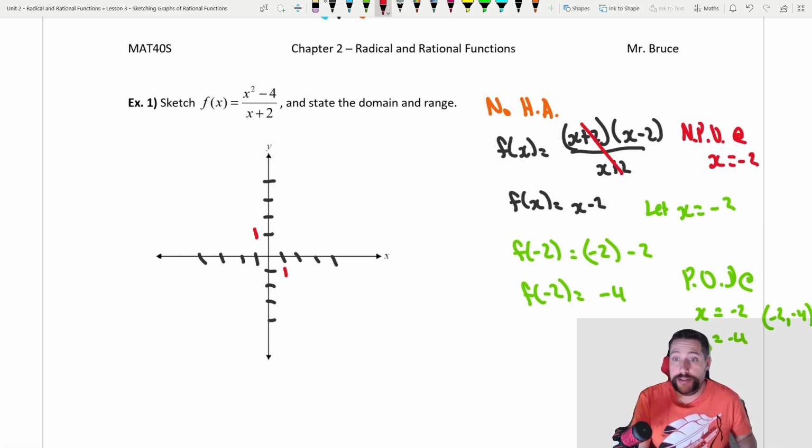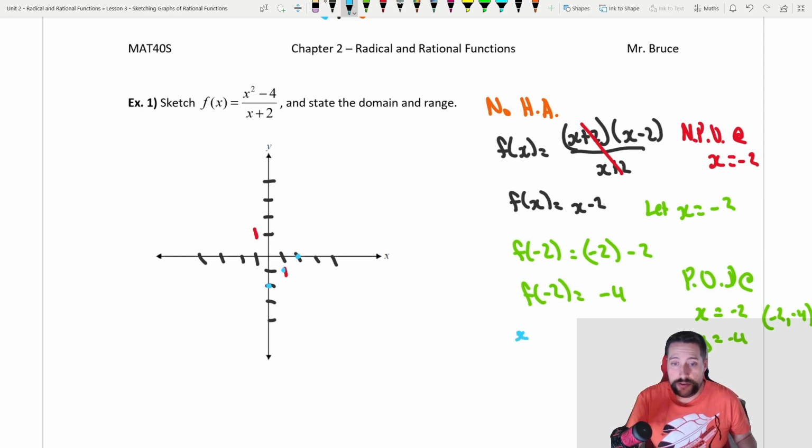Okay, so let's create this graph of f of x is equal to x minus 2. Okay, so that means your y-intercept is going to be down at -2 to start. Go blue. Okay, which means our x-intercept is going to be at 2. Okay, again, you can find that as well, right?